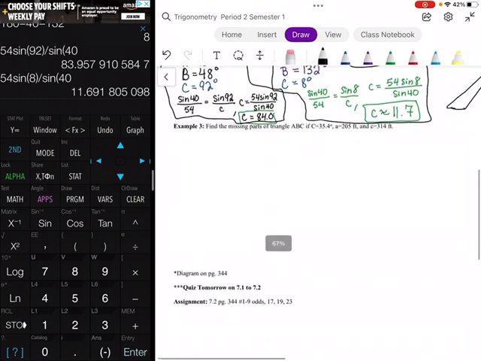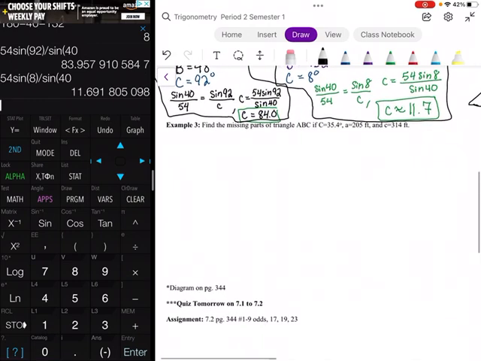This one says find the missing parts of triangle ABC if C equals 35.4 degrees, a equals 205 feet and c equals 314. So we're going to draw our picture and fill in the given information.